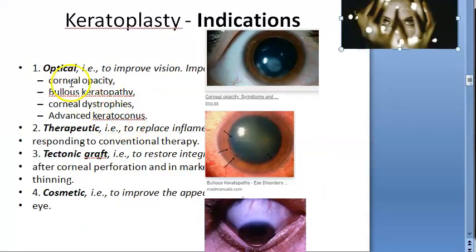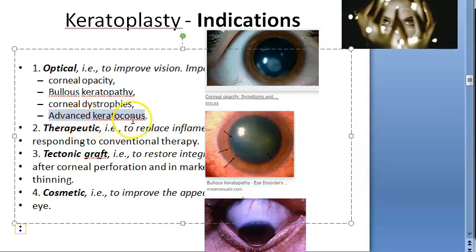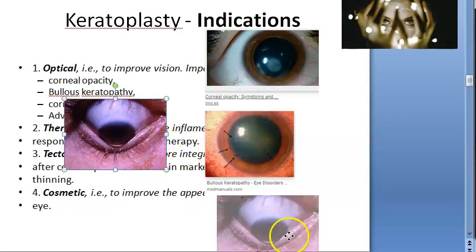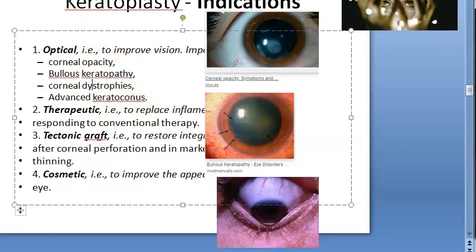So everything to do with cornea. They are trying to replace the cornea. Corneal opacity, bullous keratopathy, something to do with the epithelium of the cornea, corneal dystrophies, and advanced keratoconus. Okay, so optical, you have understood the indications.